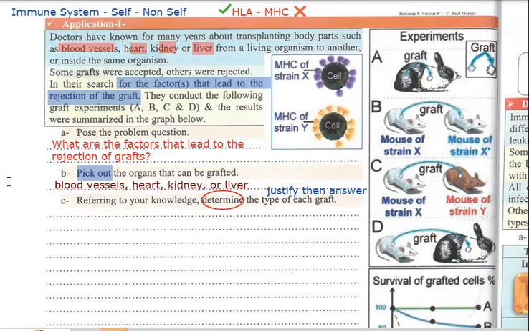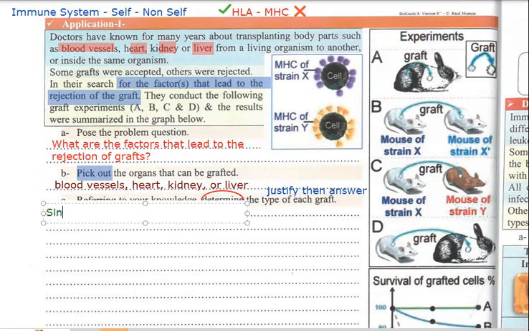In the first experiment, as you can see, the graft is done from one place to another in the body of the rabbit, in the same body of the rabbit. So, which type of graft is this? An autograft. So what do we say?